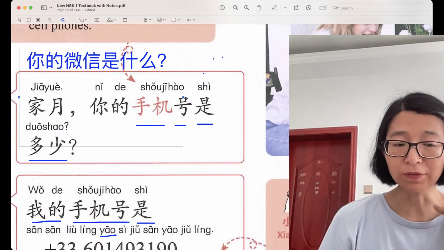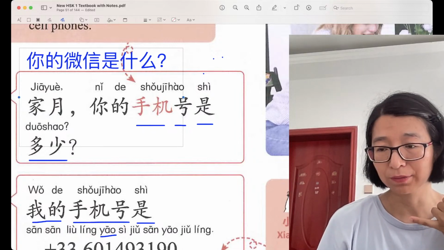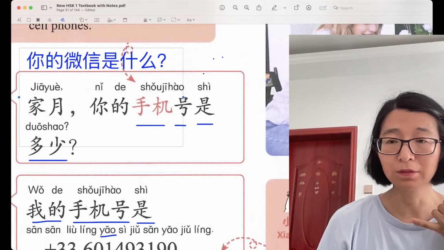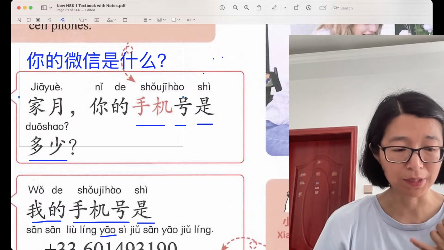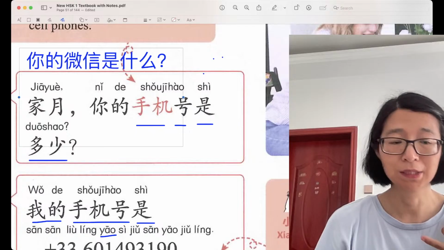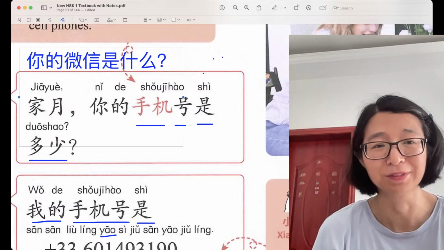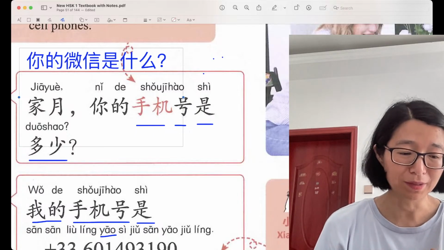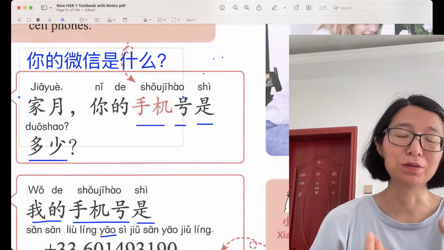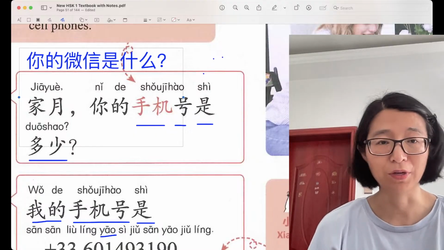For the cell phone number, who is going to call you? Not your friend, not your family. Only the delivery guy is going to call you, right? So we know WeChat is very important.